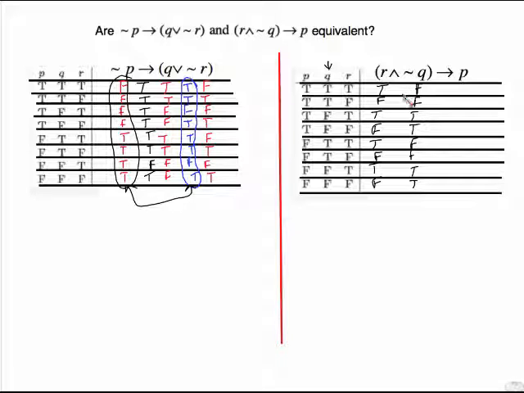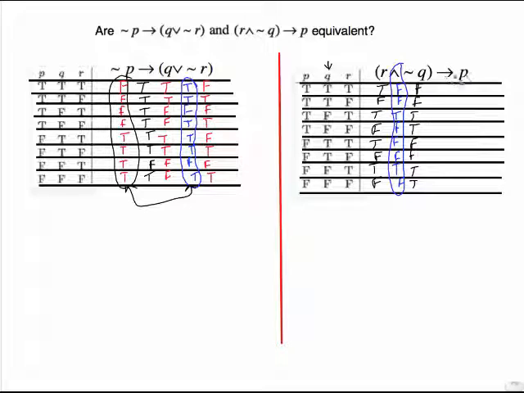AND is true only if both the individual statements are true. So true, true will give me a true here. And true, true will give me a true here. Everything else in this column will have to be false. So I'm looking at this blue writing as my answer column for the parentheses.